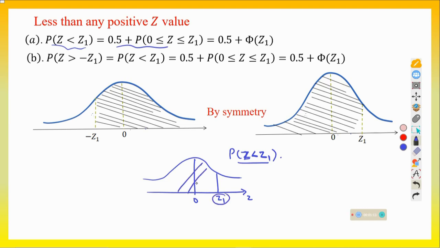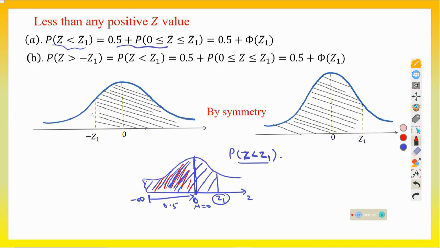It is the whole of this region. But as we said, the value from negative infinity to 0, where mu is 0, is 0.5. This value here is 0.5.